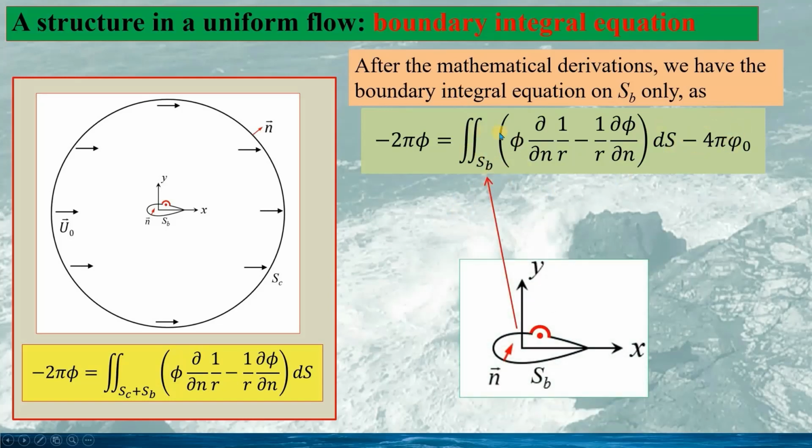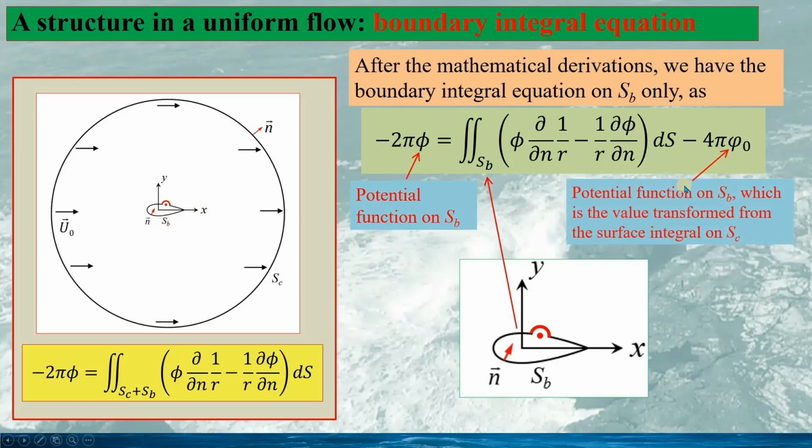So we can see the integral on SB only here, and the potential function phi on the left-hand side is the potential function on SB, as we have mentioned in the previous slide. And the potential function here is on SB as well, which is actually the value transformed from the surface integral on SC. Now the equation is on SB only.